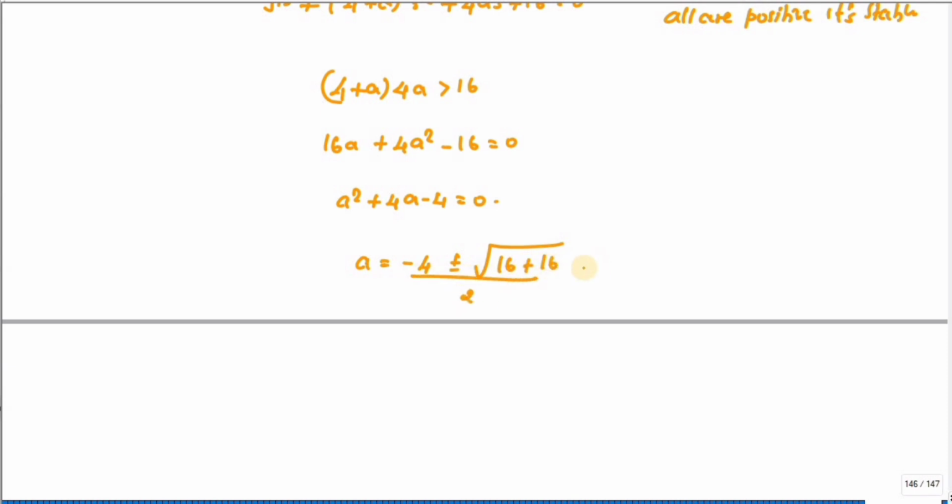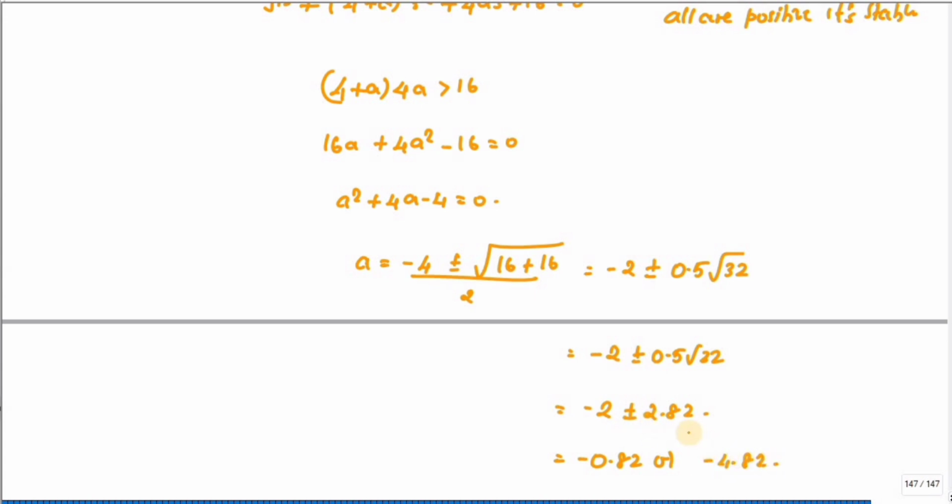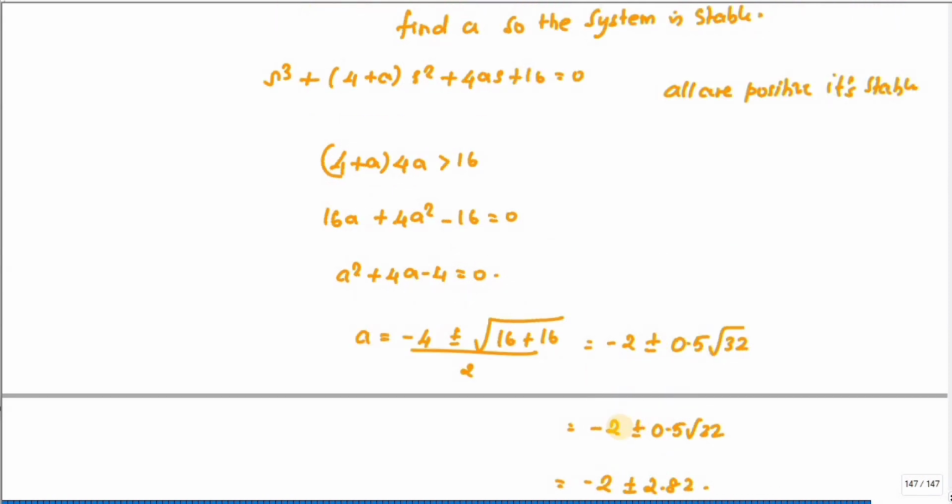So A is equal to minus 4 plus or minus root of 16 plus 16, divided by 2. So that is equal to minus 2 plus or minus 0.5 root of 32. It is nothing but minus 2 plus or minus 2.82. So the answer is 0.82 or minus 4.82.